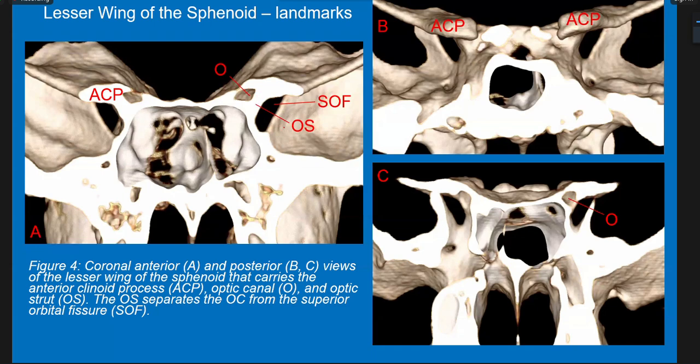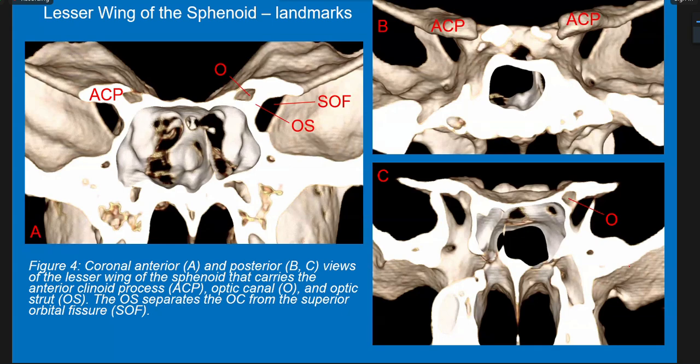We call this optic strut. Again, this is a posterior perspective. You have the anterior clinoid process, and between the greater wing and the lesser wing, you have a cleft here, and that is the superior orbital fissure.